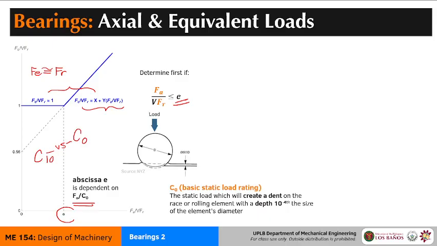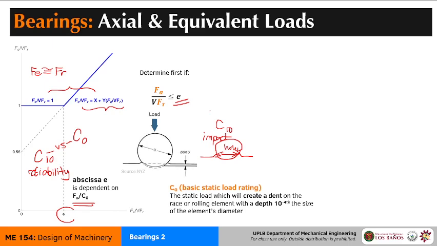C0 is defined by the dent that a load makes, or the dent that generates a particular dimension of hole. So C0 is an impact-based rating, while C10 is more of a reliability rating, based on 90% reliability. C0 is more of, okay, how much force do we apply so that we can get this size of hole? And that is basically C0.